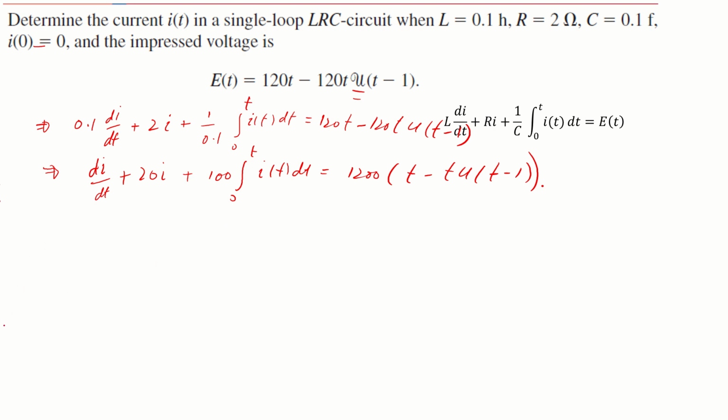Now what do we do? We apply Laplace transform on both sides to solve this differential equation for I, because we are interested in finding current in the given network.